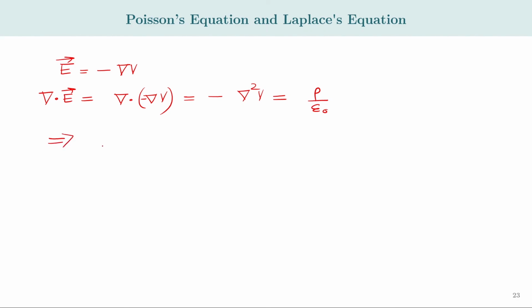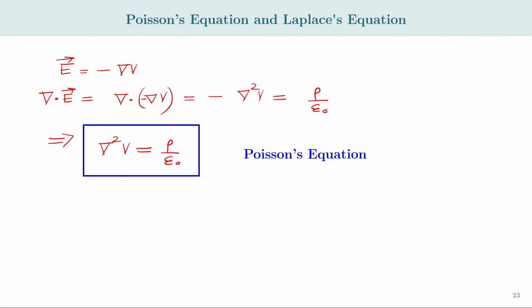From this we can write del squared V equal to negative rho over epsilon 0. This equation is known as Poisson's equation.